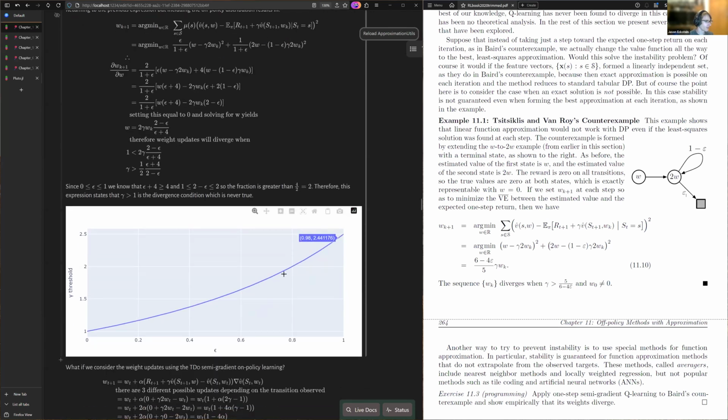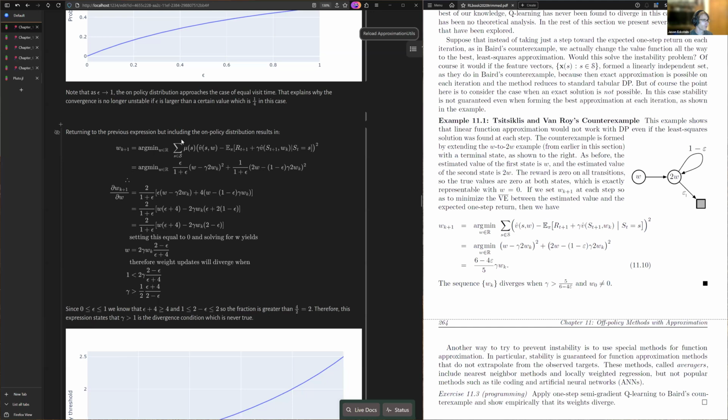This is showing the condition on gamma for instability for different values of epsilon. And you could see that over the entire range of epsilon, this gamma threshold is above 1, right? So this will never diverge as long as we account for the state distribution, which is what we would expect because we had already said that linear function approximation doesn't diverge.